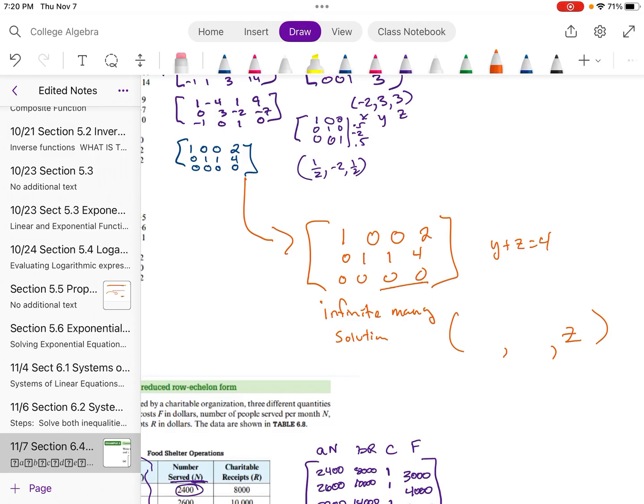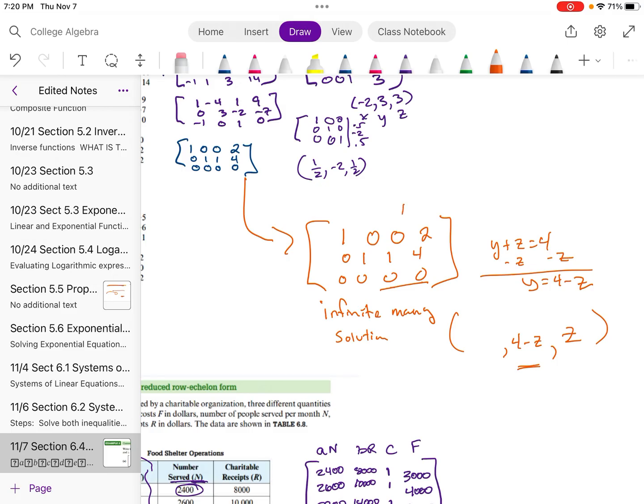I know the second term in the ordered pair is the y value, so I'm going to solve that for y. I'm going to subtract z from both sides, and I find that y is equal to 4 minus z. So I can just put 4 minus z into that location of the ordered pair.